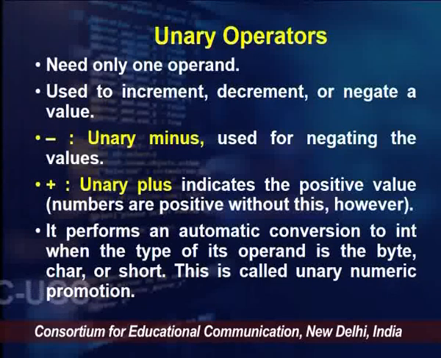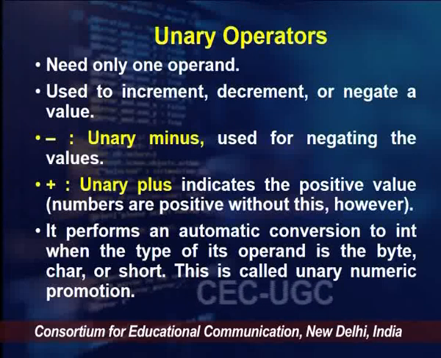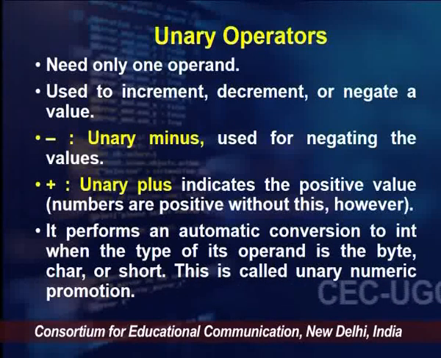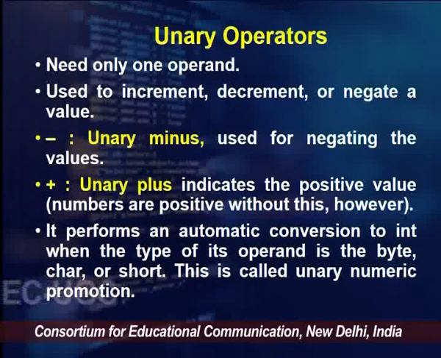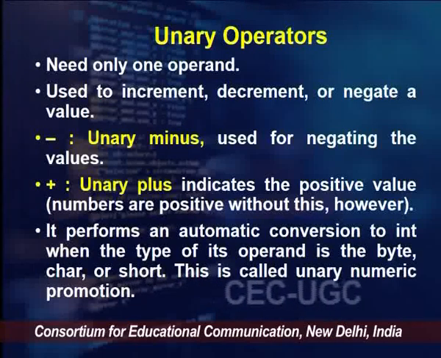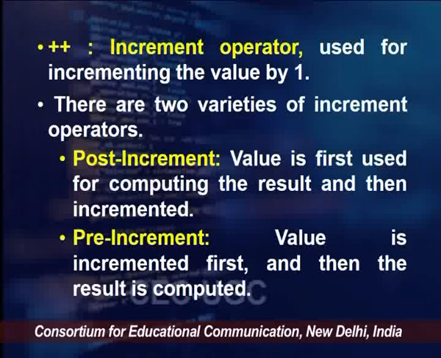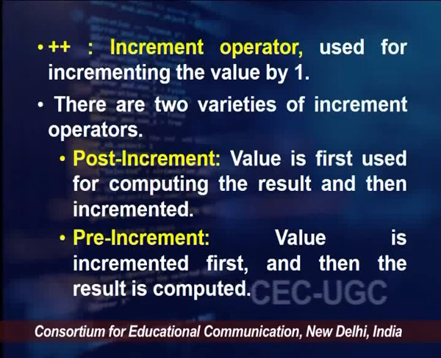For example, I have written plus a, and a is of type byte, character or short. Then after this plus a, that a will be automatically converted to int, and this is what you call unary numeric promotion.